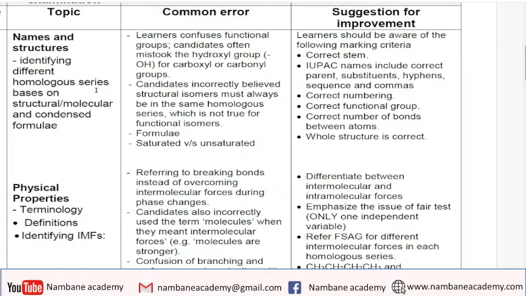You'll add them, and the numbering or the counting that is going to give you the smallest sum will be the correct numbering that we will take to name our haloalkane or an alkane. We do not prioritize the halogen. We look for the smallest sum.